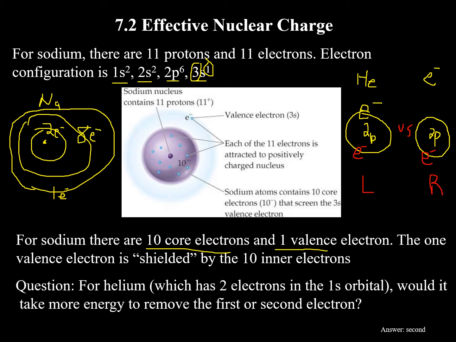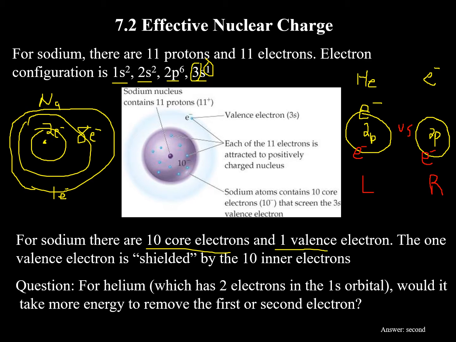It would take more energy to remove the second electron. Why? Because there's no shielding effect from the yellow electron. The yellow electron is gone. There's a little bit of shielding, a little bit of overlap as it goes around the 2 protons. There's also no repulsion between the 2 electrons. As we recall, electrons, they don't like each other.